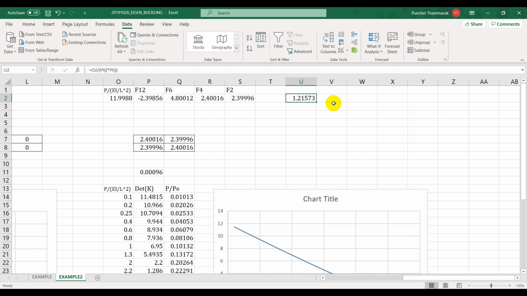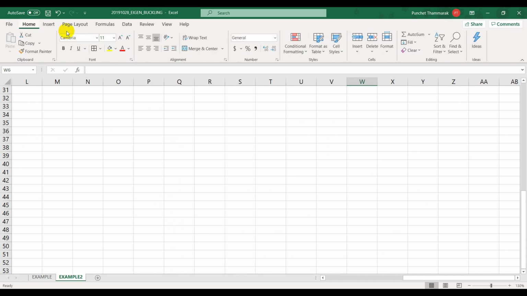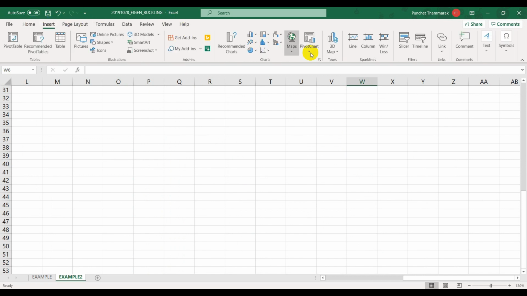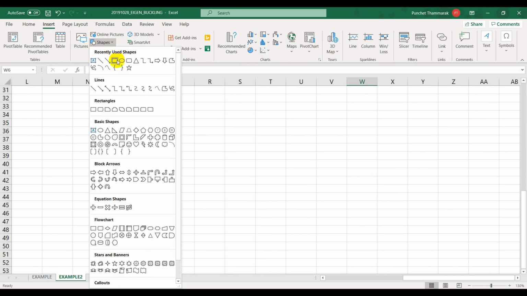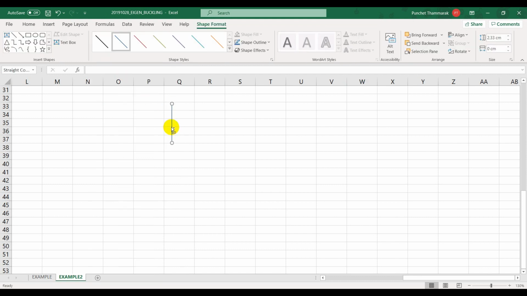Then to solve this, we use two structural elements in this regard. So we insert the shape. Okay.